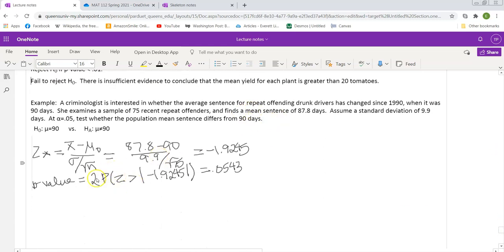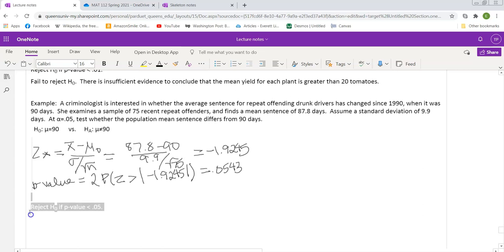And in this last case, does the population mean differ from 90 days? And here's the alpha, 0.05. Therefore, our rejection rule is reject H0 if the p-value is less than 0.05.